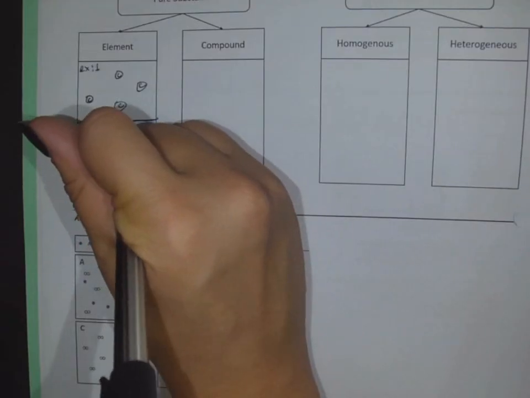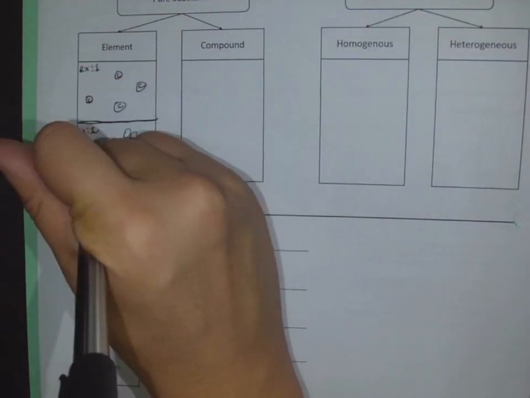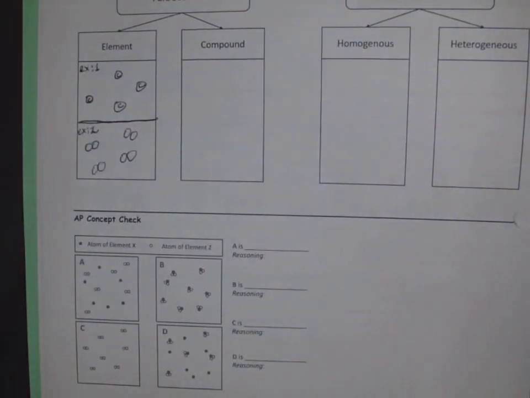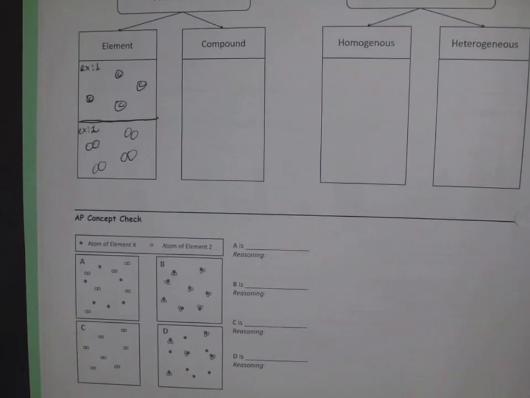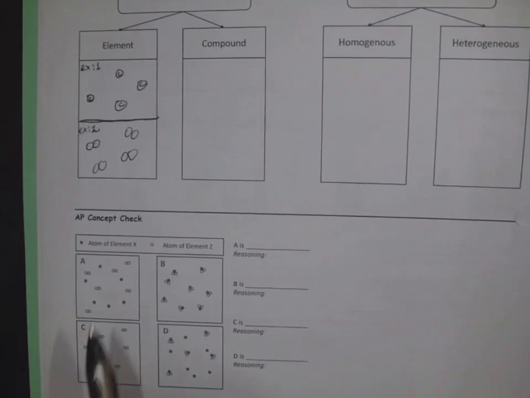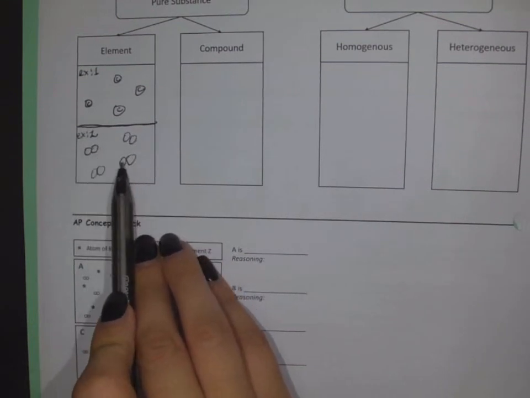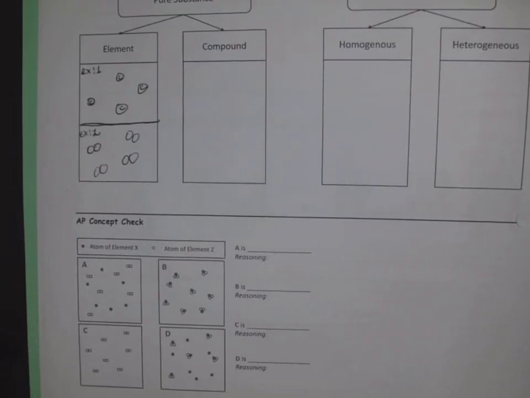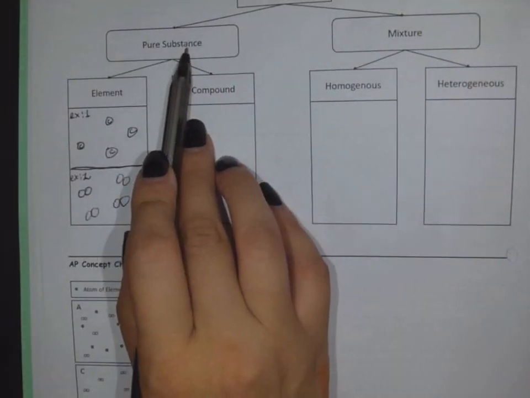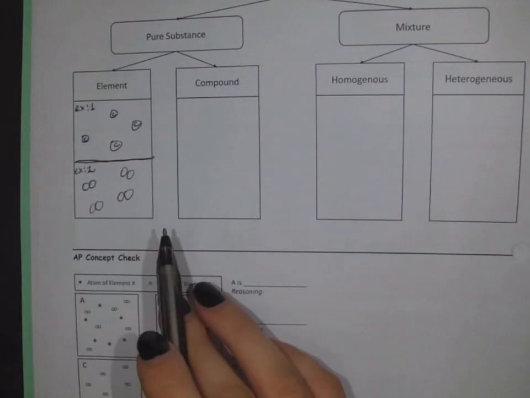If I scoop this sample out of nature and everything in the sample I'm looking at is only oxygen atoms, yes, they are chemically combined into a molecule, but they are oxygen, oxygen, oxygen, oxygen. That is a pure substance, and it would be in the element category.